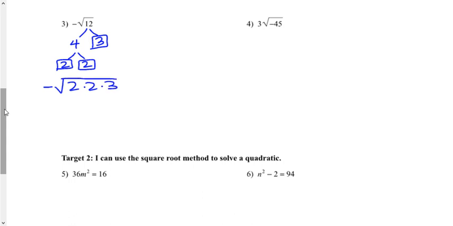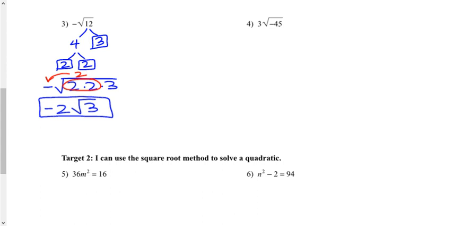I'm just writing out all the boxed numbers that I had. In red, I'm going to circle all my pairs. So I'm pulling out 1, 2, putting it right out front with that negative sign. So now I have negative 2 square root 3 left over. When I pull out that pair, it goes away under the square root, and one of those numbers comes out front.